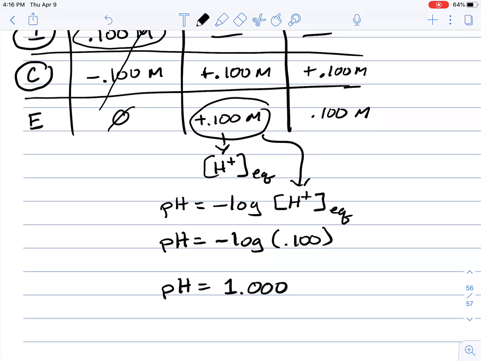Okay. And so when I didn't add any titrant into my analyte, it looks like the pH of the solution just by itself is 1.00. And so this is telling me that my analyte is acidic, which makes sense, right? Because hydrochloric acid is an acid, so it should make our pH very acidic.